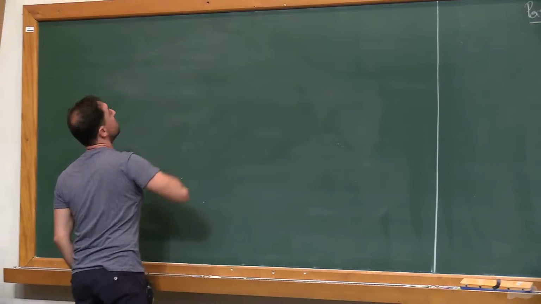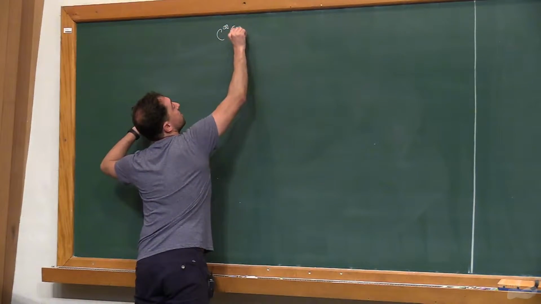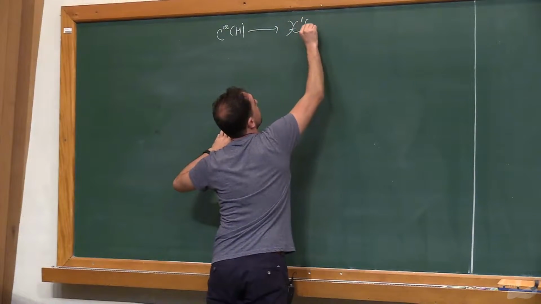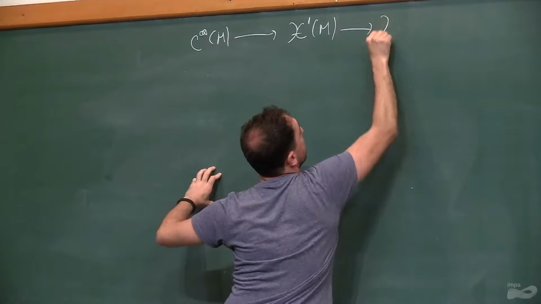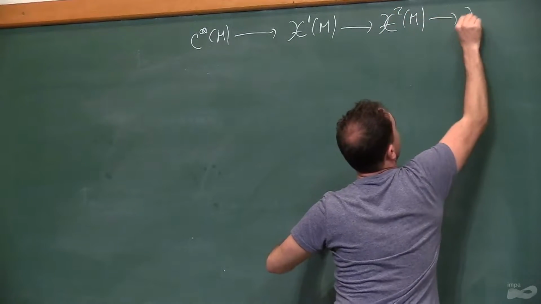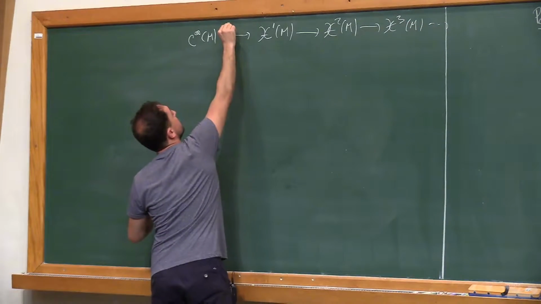In the lowest dimension, the Poisson complex looks like this: smooth functions on M, vector fields, bivector fields, three-vector fields, and so on, with differential d pi.